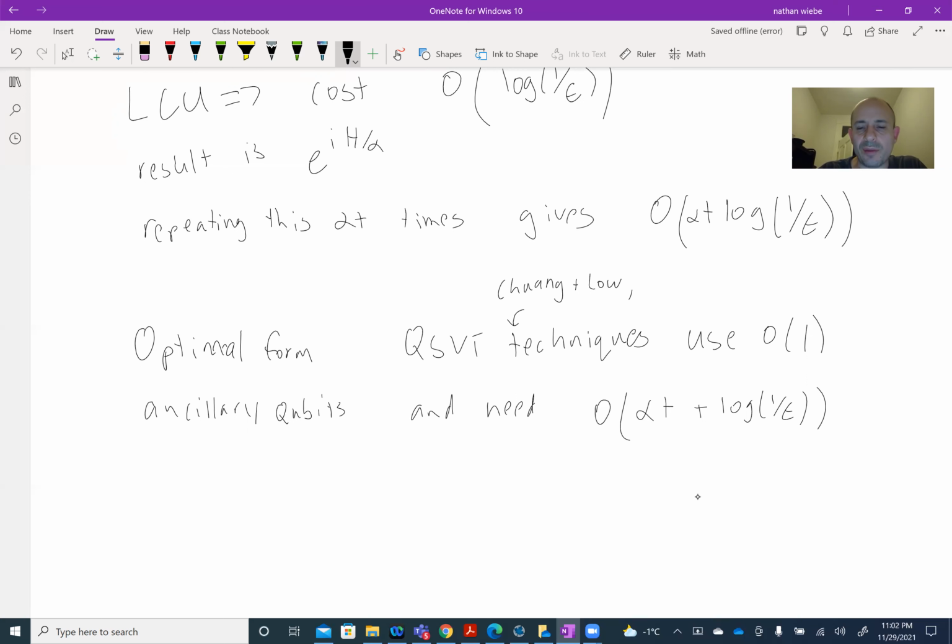And in particular, you can see a nice summary of all of these advanced methods in the Gilyén, Su, Low, Wiebe paper on the quantum singular value transformation.